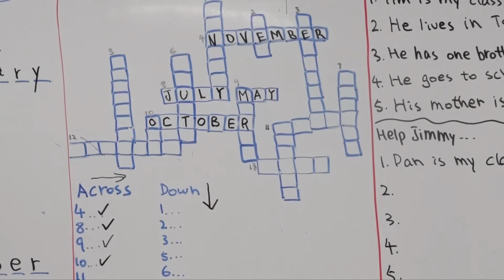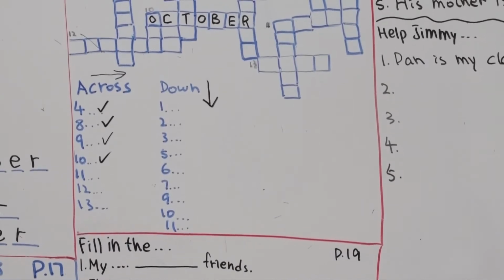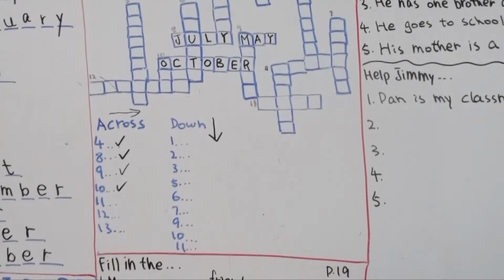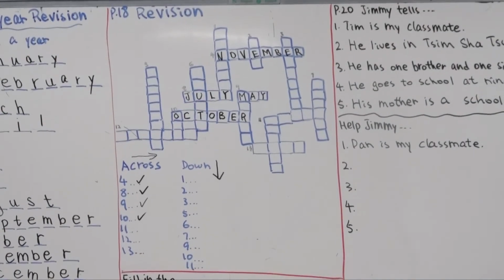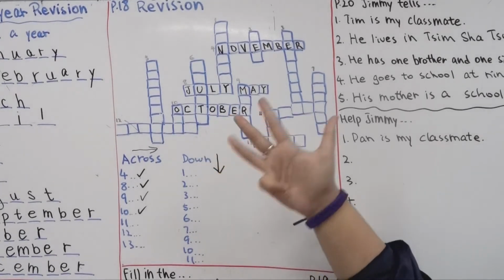And then across number 11, month number 4. Can you find across number 11 for me? Yes, it's here. The month number 4 is, so the first one is January, February, March, April.